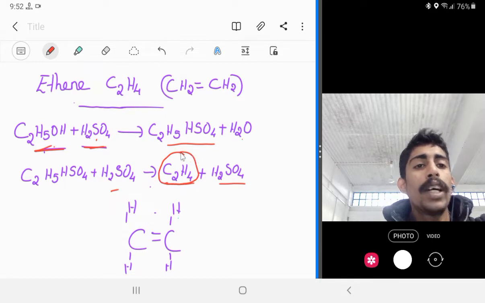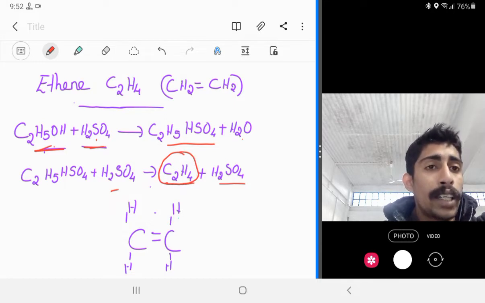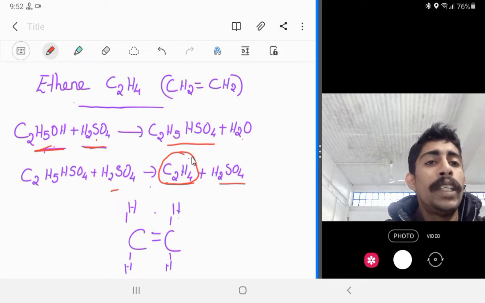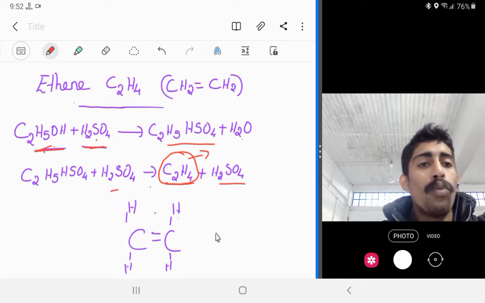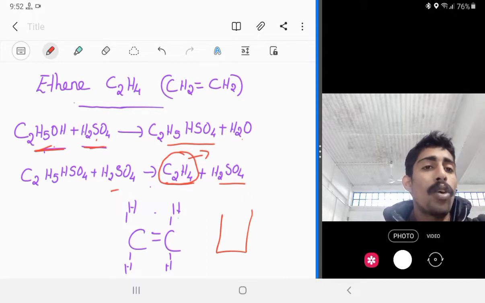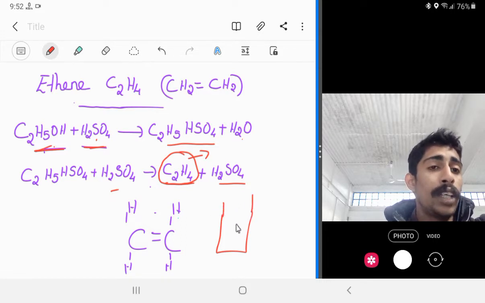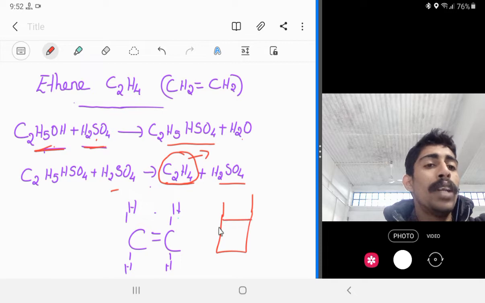Then how do we collect the formed ethene? We pass the ethene gas through water. We know that the density of ethene gas is very low. So when we pass it through water, the ethene moves up and pushes the water downwards.